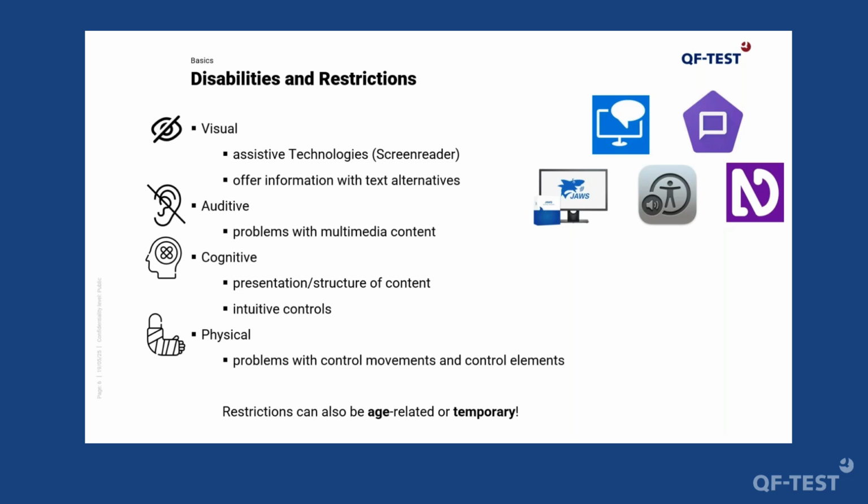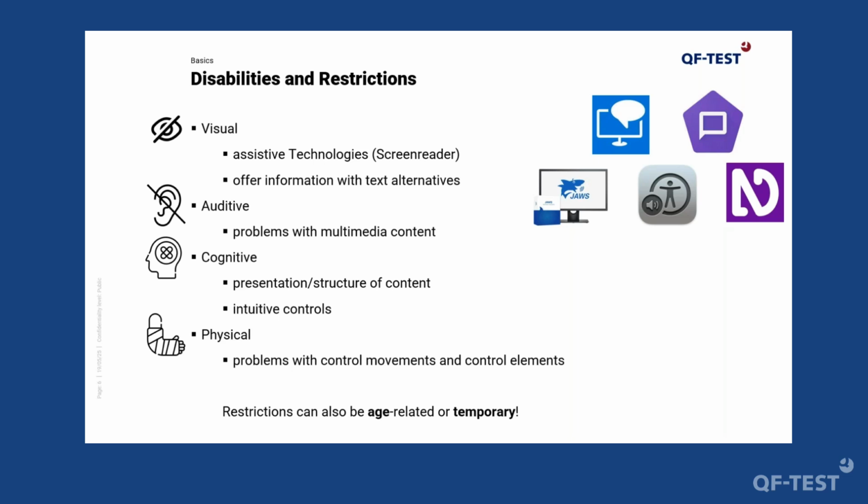One thing you basically have to do is to offer information not only via graphics and images, but also with text alternatives. And there are other disabilities like, if you're hard of hearing or entirely deaf, you might have problems with multimedia content, and you as a developer have to provide subtitles or maybe even a sign language interpreter.